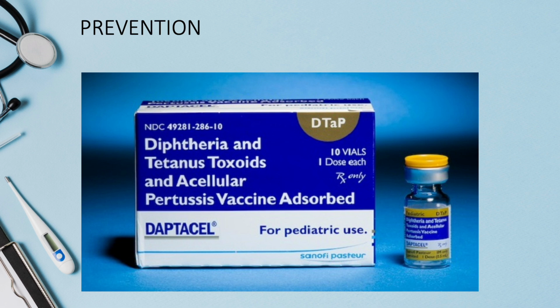And as a treatment, first line treatment is antitoxin. Not antibiotic. Antibiotic is supportive treatment. So we start with antitoxic treatment because Corynebacterium diphtheriae is producing very strong, very aggressive toxin.